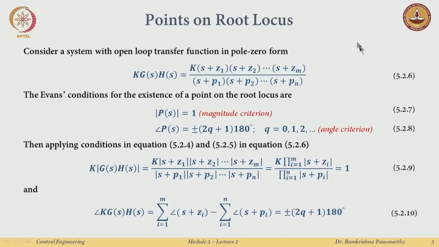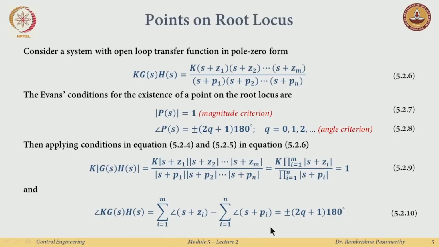And similarly with the angle. This is a complex number, or a phasor, as you could even call it. The contribution of the angle of a constant is 0. There will be some angle contributions. The zeros are in the numerator, so this will be the summation of all the angles of the zeros, and we will slowly see how to compute this, minus the summation of all angles of the poles, since they are in the denominator.